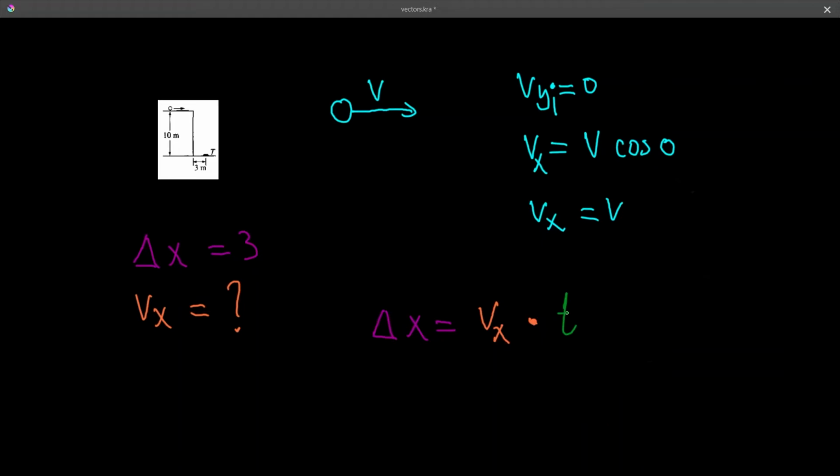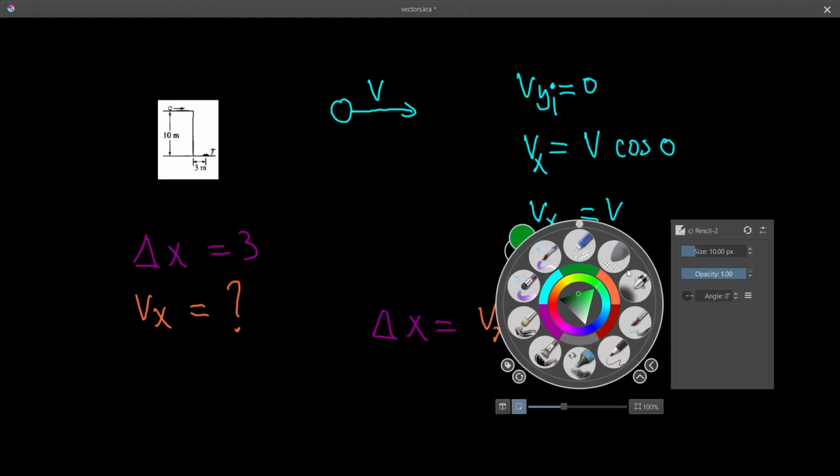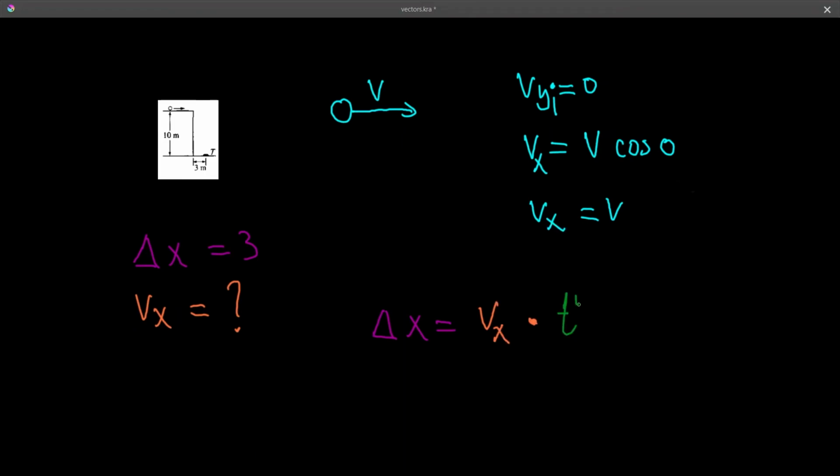So now I just need to find the total time. The way you do that is you look here. I have the y displacement, so I have delta y equal to negative 10. Why negative 10? It's because it goes 10 meters downwards, so we're just going to say negative 10.